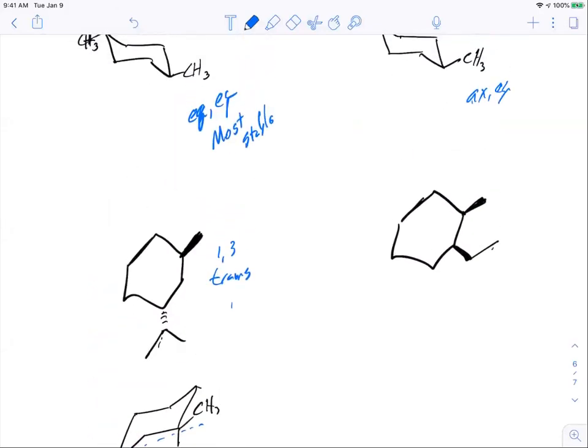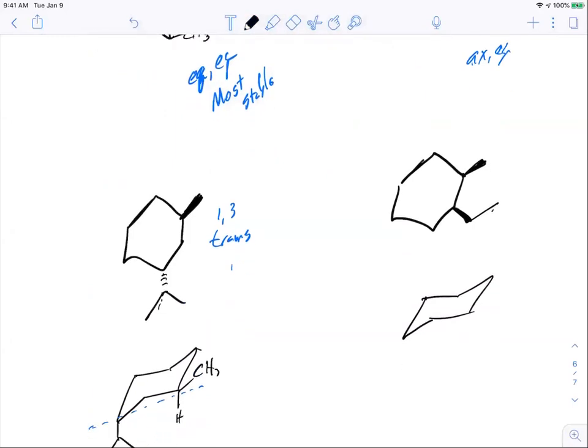In the second one, again, just draw your chair. And we can put our methyl here, and we can put our ethyl. Now we need to put them on the same side. I find that if you go ahead and draw all your groups in, it helps you figure out what's on the same side and what's not, right?